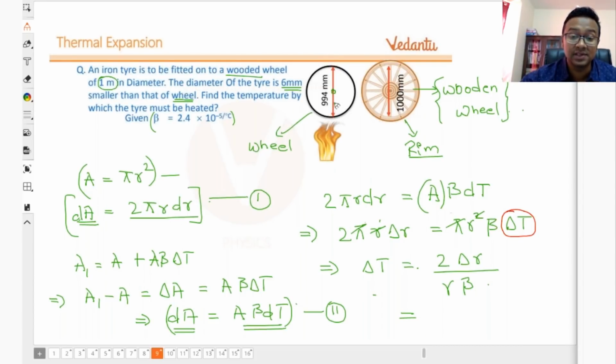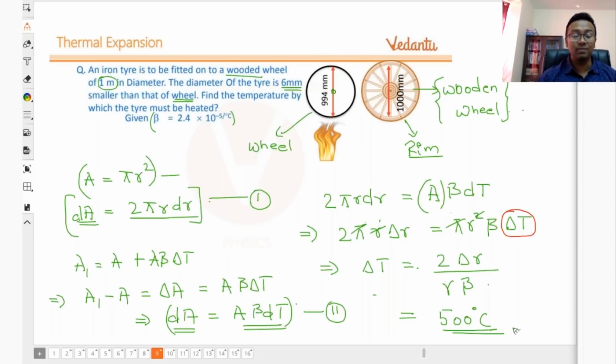So this is the diameter. So you can find the change in radius between 994 and 1000 divided by 2. So your delta r is going to be 1000 minus 994 divided by 2. So that gives the value of your delta r. r is going to be nothing but your 994. And here the beta value is given to us. You insert all these values, you will get the answer as 500 degree centigrade, my dear students.